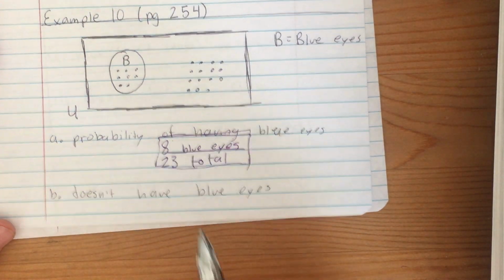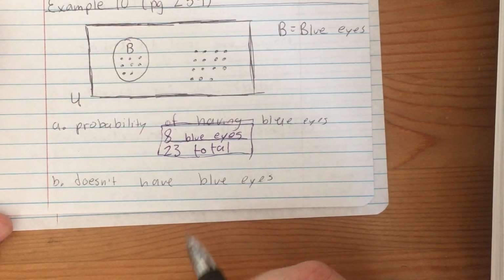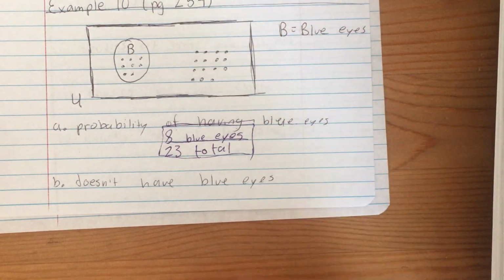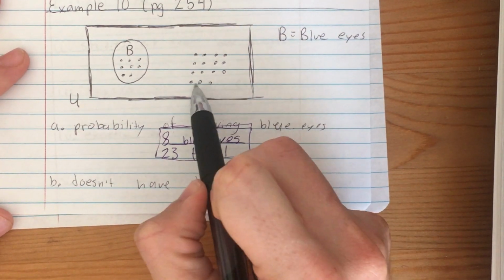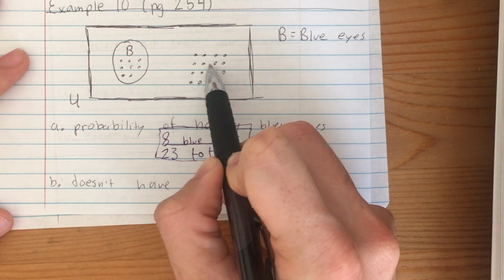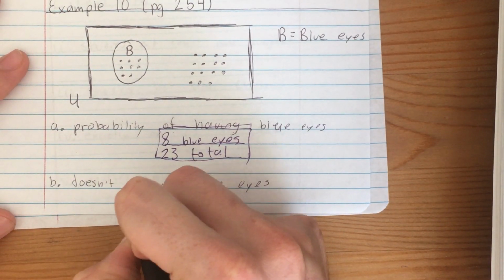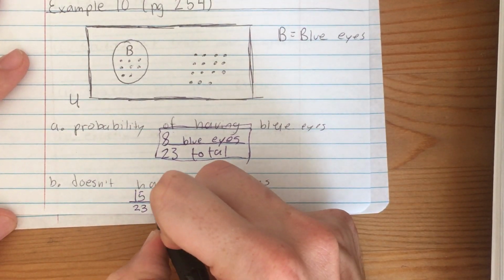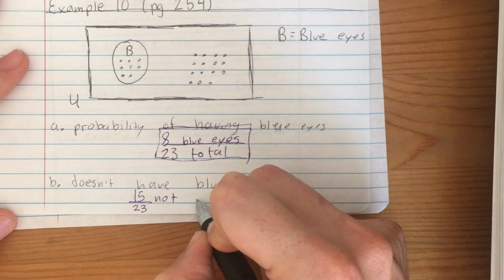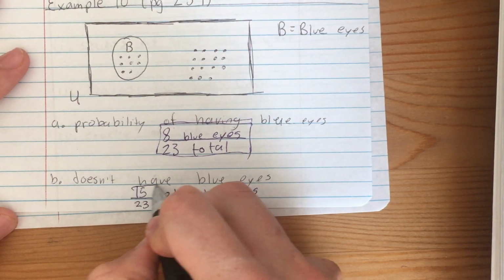And so if we're finding the probability of them not having blue eyes, there's a couple of ways to think about this. The most simple way is you could just count these, 1, 2, 3, and that's going to give me 15 out of 23. So 15 that do not have blue eyes out of the total.